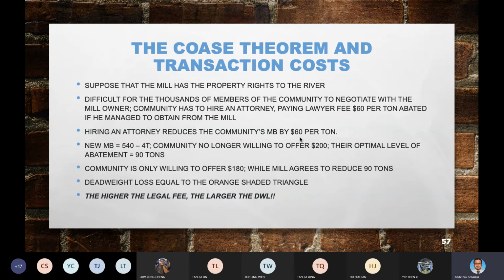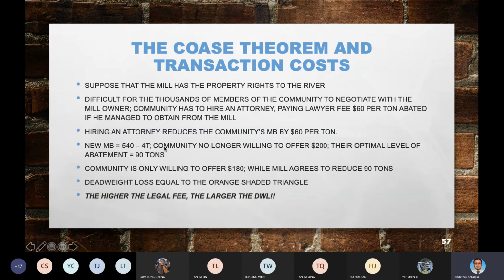By paying this $60 per ton, the marginal benefit for the community is reduced by $60 per ton, and the new marginal benefit will be 600 minus 60 minus 40, equal to 540 minus 40.